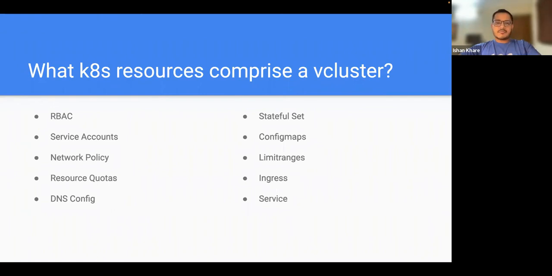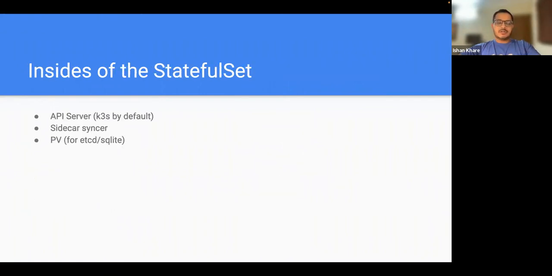So, moving on. As I already told you, the stateful set itself is the core of the vCluster, and it will have an API server, which is K3s by default, and a sidecar syncer, which does all the syncing of the core resources of Kubernetes when it comes to pods or config maps and all kinds of resources.